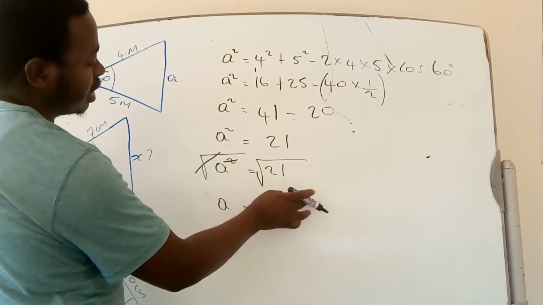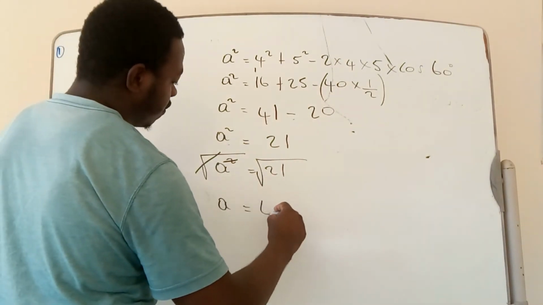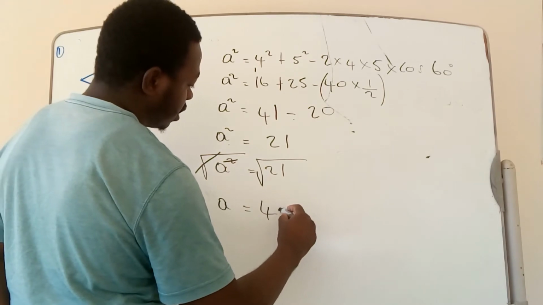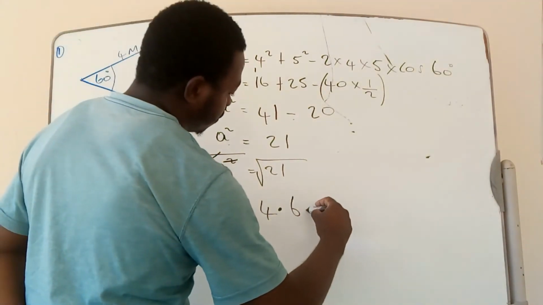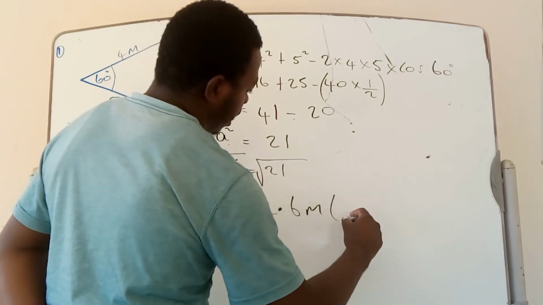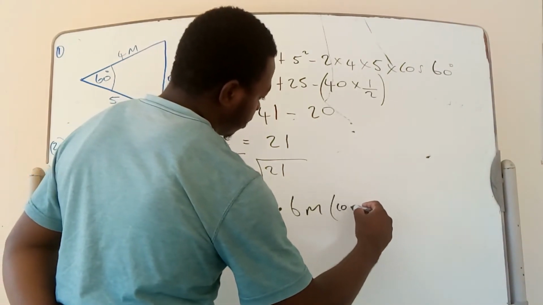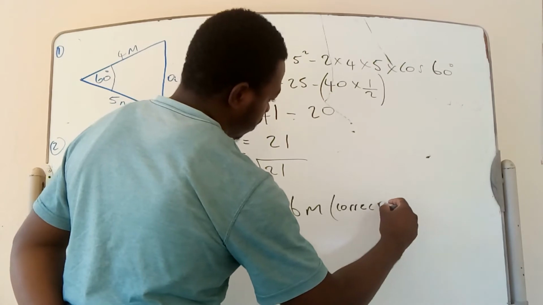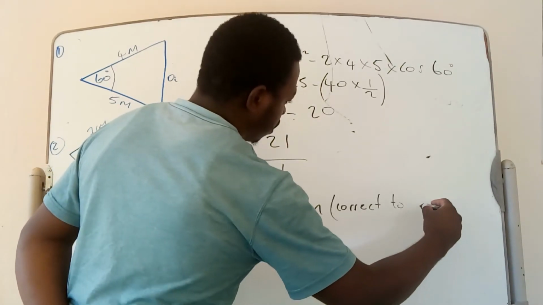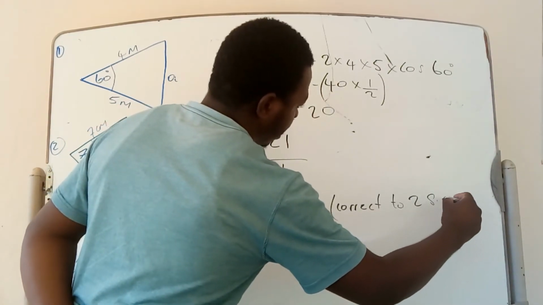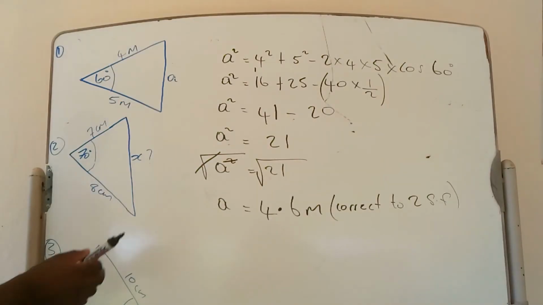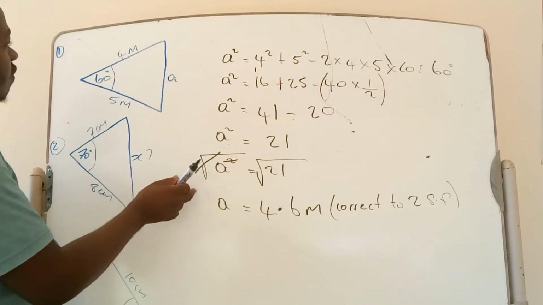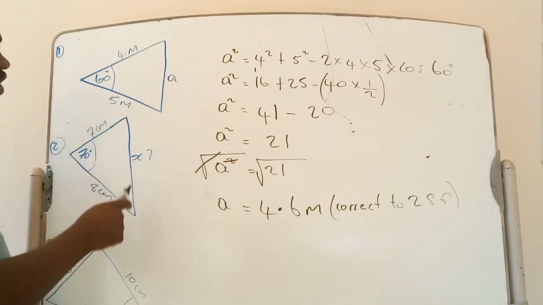You can put that on the calculator. That's approximately 4.6, and our unit is meters, in brackets correct to 2 significant figures. And that is how you would use the cosine rule to find the length of a given side of a triangle.